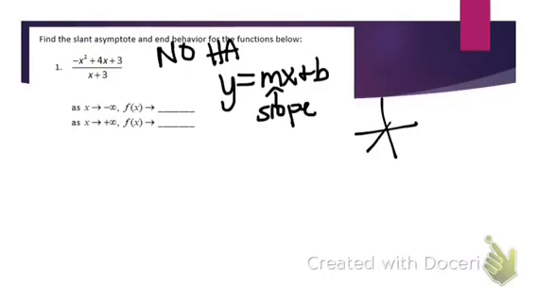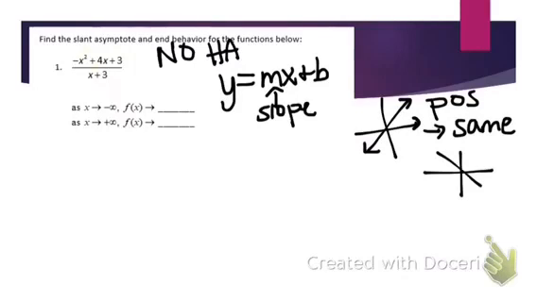If your slope is positive, that means as x goes to positive infinity, or to the right side, your arrow is going up. So all of the infinities, no matter what direction, will go in the same direction as the x's. If you get a slope that is negative, it is going to go the opposite, okay?